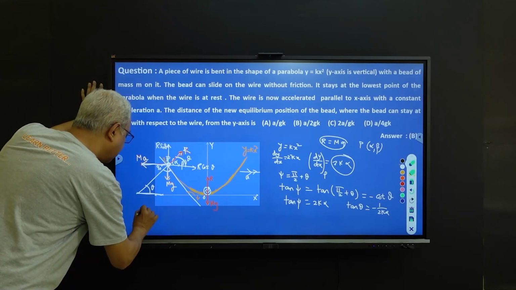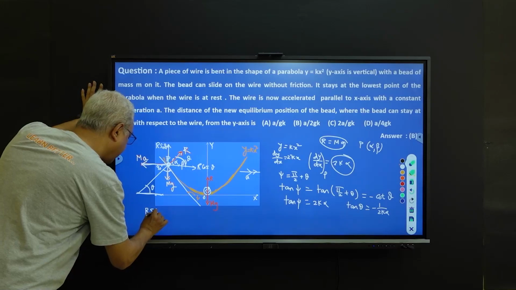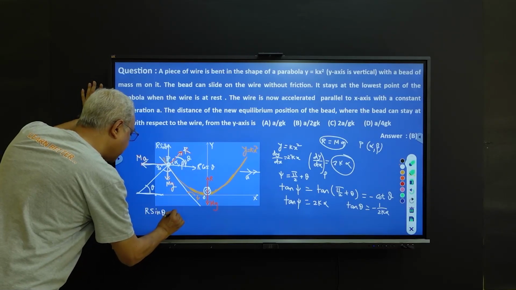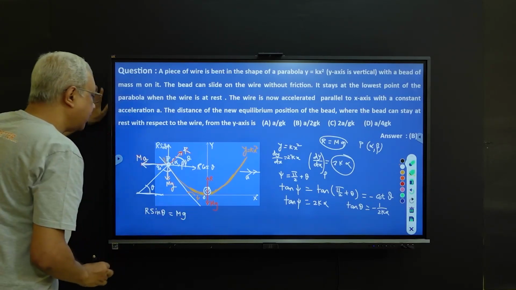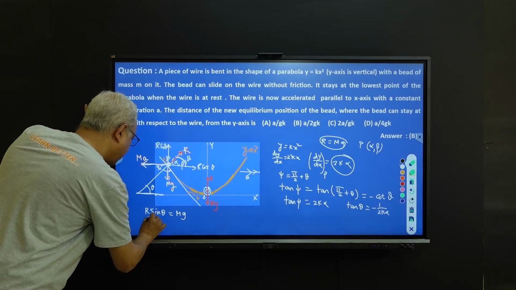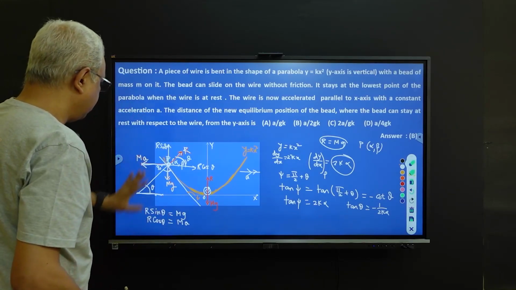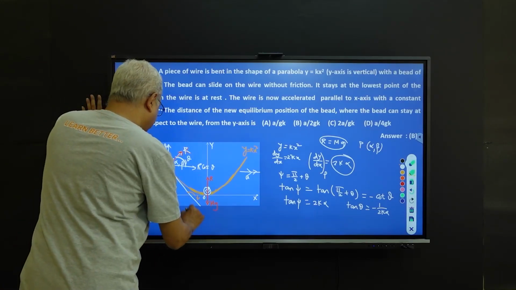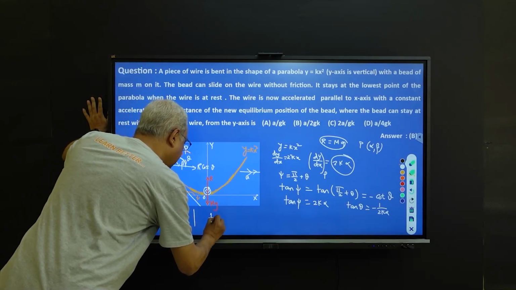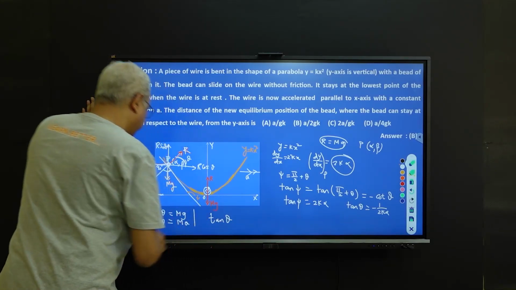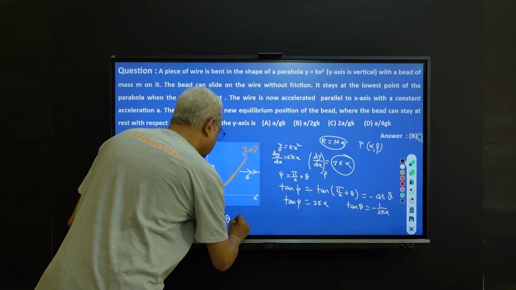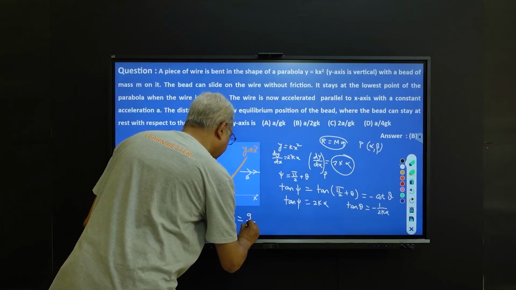So R sin theta must be equal to mg and R cos theta must be equal to ma in the equilibrium condition. Therefore, tan theta is equal to g by a.